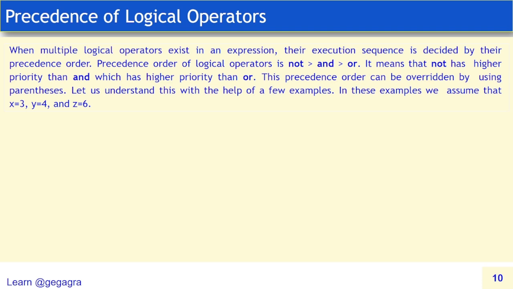So not has the highest priority, and in the end we use or. This precedence order can be overridden by using parentheses. Let us understand this with the help of a few examples. In this example, we assume that x is 3, y is 4, and z is 6.